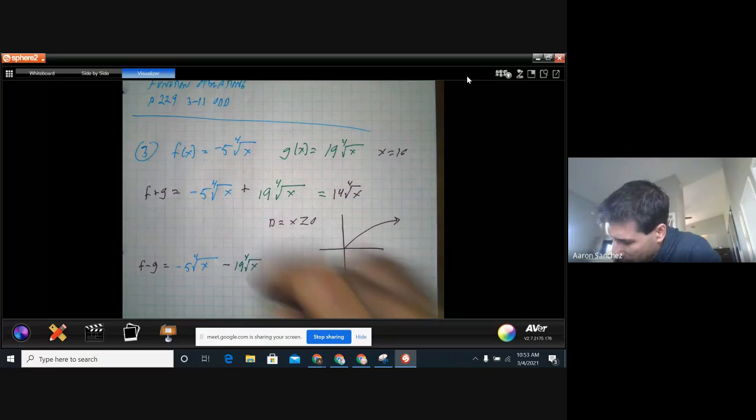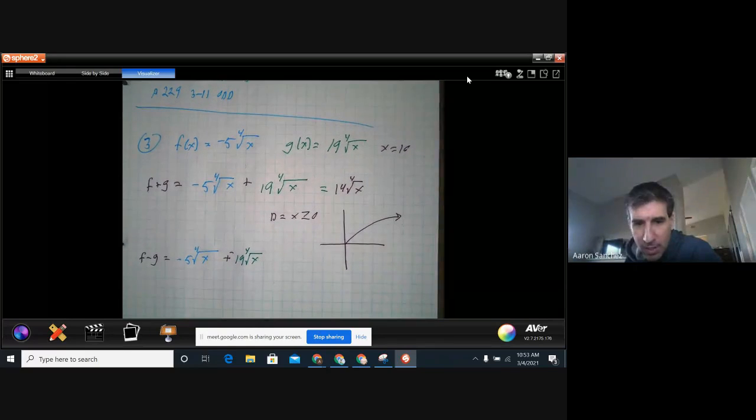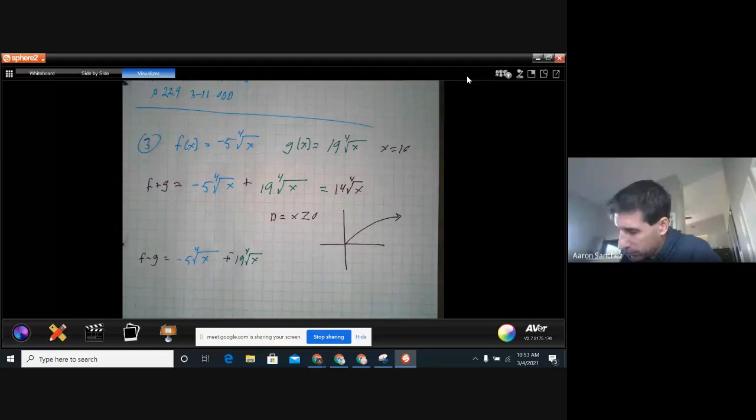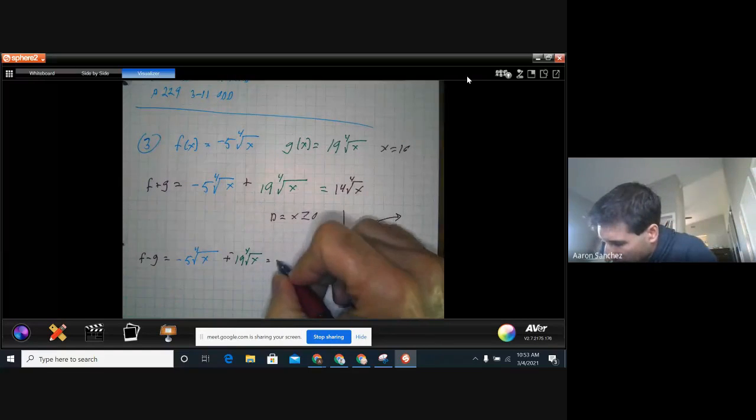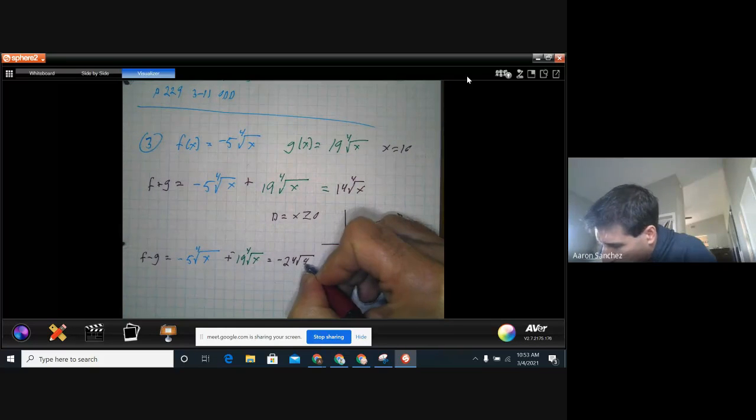And I like to add the opposite, make it a negative. And so it's a negative plus a negative. So now that's going to be negative 24 fourth root of x.